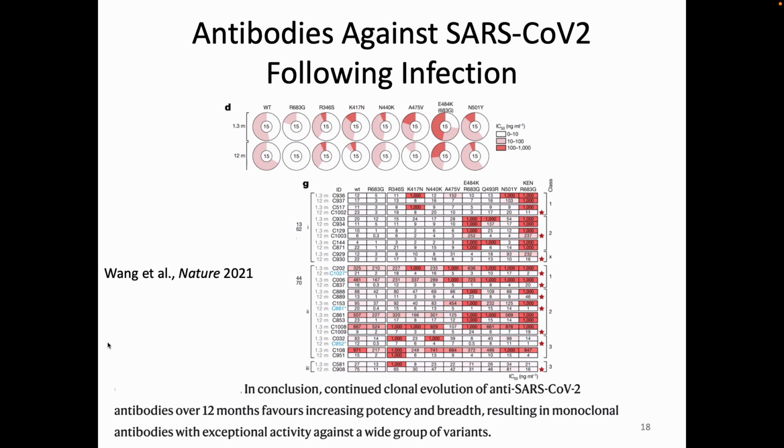So in fact, not only have you increased binding strength and effect, you've also increased breadth, how broadly your antibodies can act after 12 months. As they say, in conclusion, continued clonal evolution of the antibodies over 12 months favors increasing potency and breadth, resulting in antibodies with an exceptional activity against a wide group of variants.